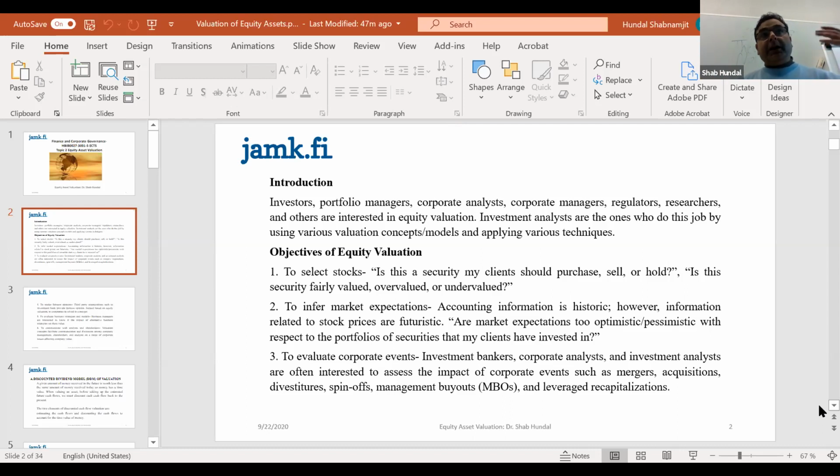If after learning the valuation techniques, which hopefully you will learn today, you find out that your stock should be 56 euros. And you find that the market price of your stock is 60. Hence, your stock is overvalued. Or if it is 50, it means that the stock is undervalued.